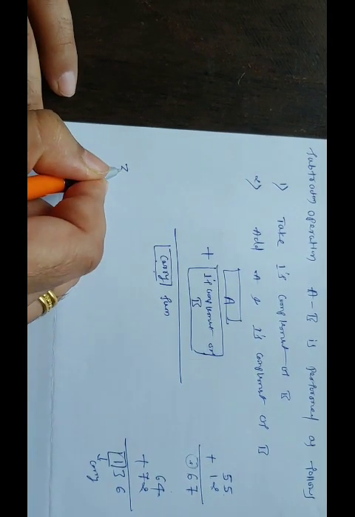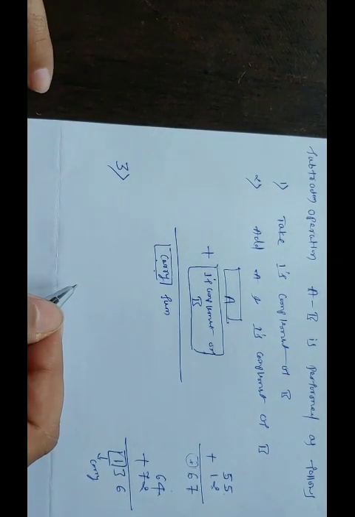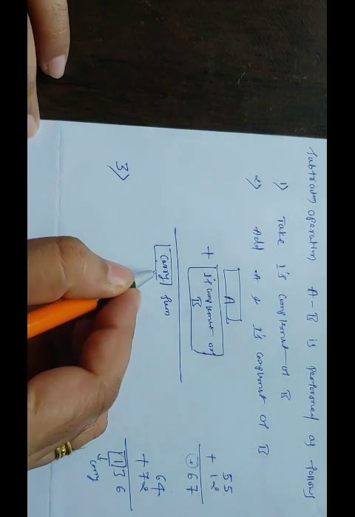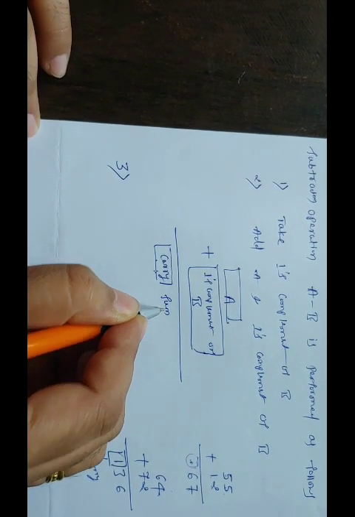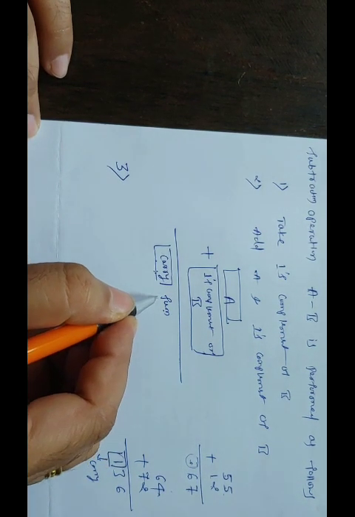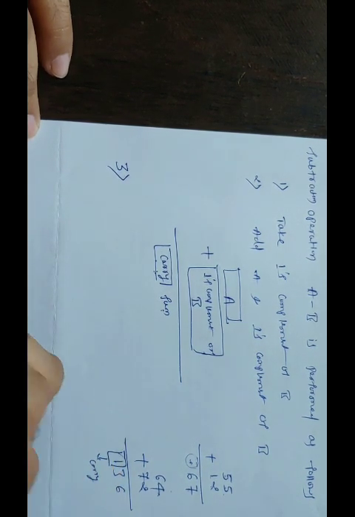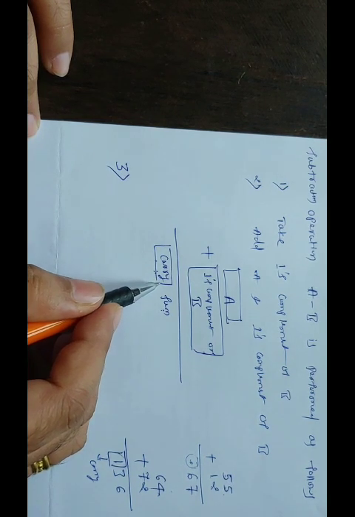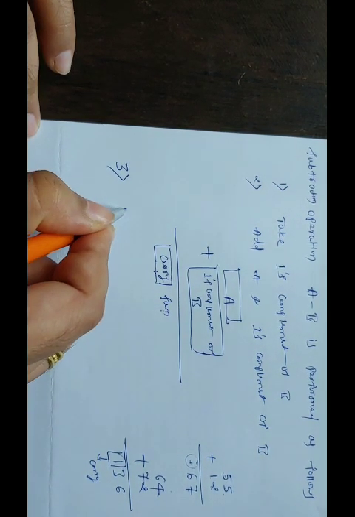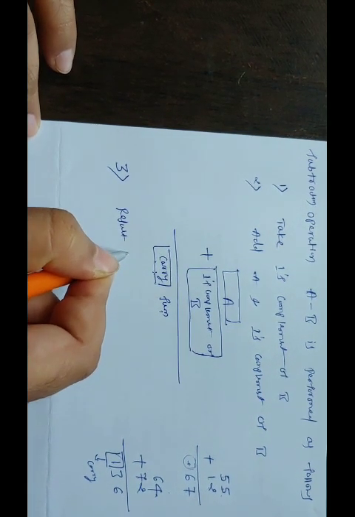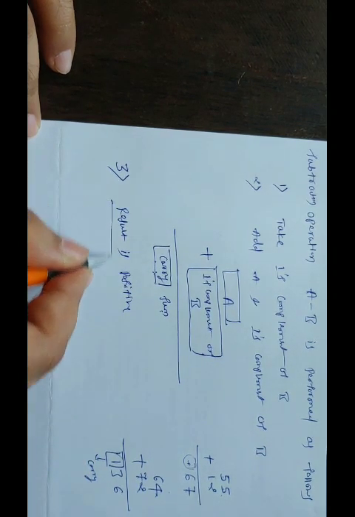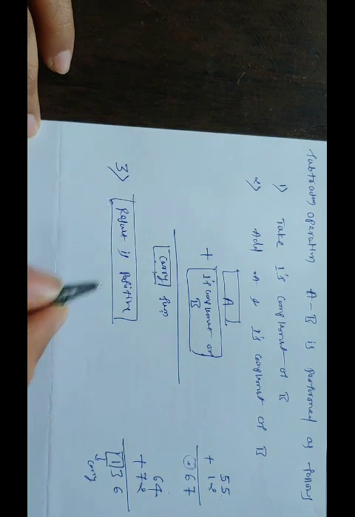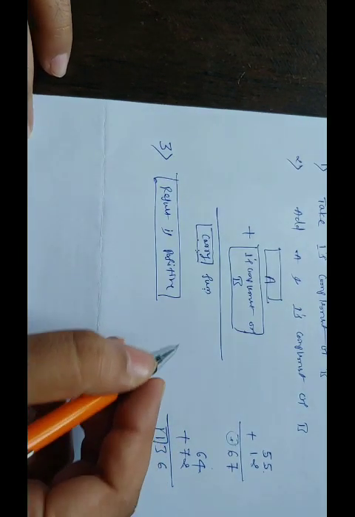So if carry is generated, the rule says that the carry has to be added to the sum. The carry is added to the sum to get the final result, and it also says that the result is positive. After the subtraction operation, the positive result means we are getting positive values.